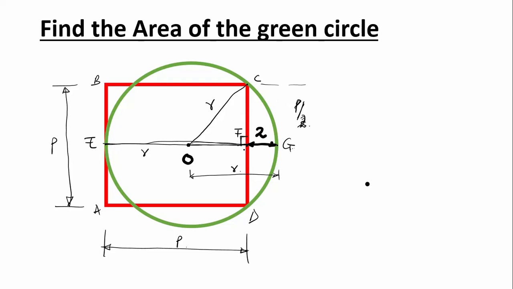So now you have from here to here is P, and from here it is 2.